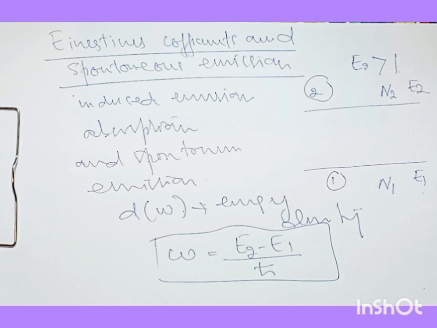Now, d omega gives the radiation energy per unit volume, within the frequency interval omega and omega plus d omega.